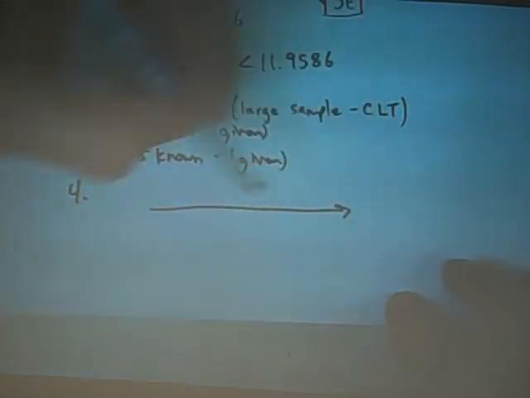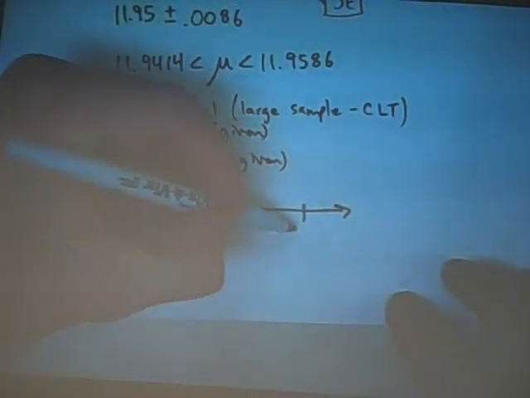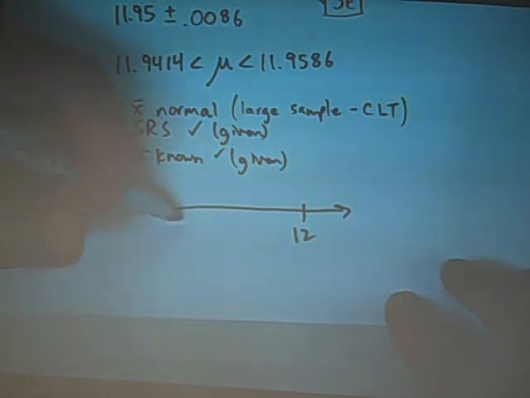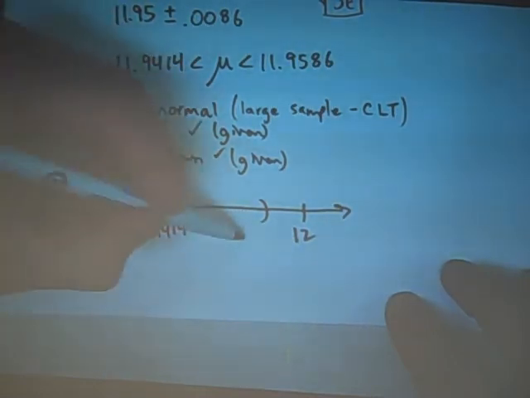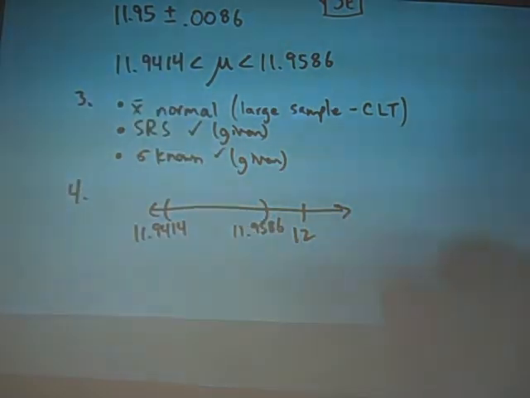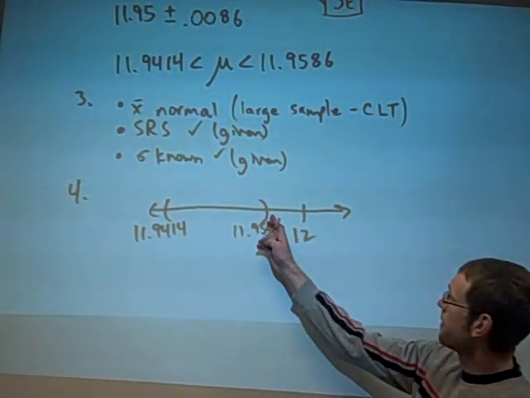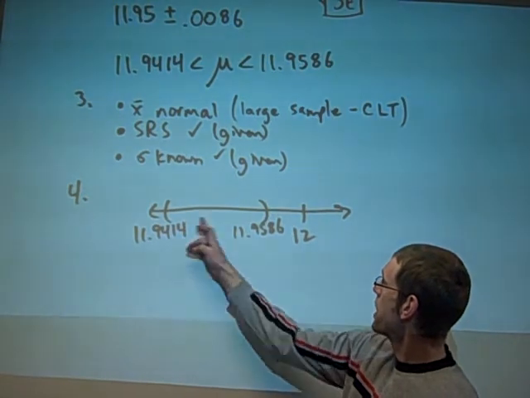So this is the number line. Here's 12. Here's our interval that goes from 11.9414 up to 11.9586. All right, so this is our confidence interval. We think mu is somewhere between here and here.